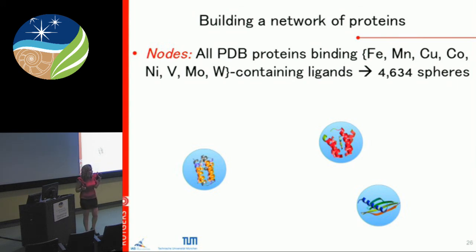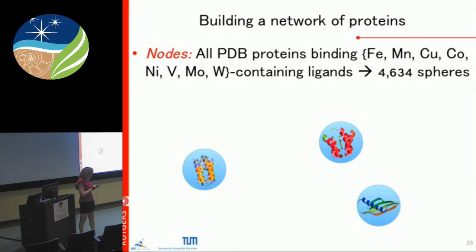I was interested in redox per se. I also excluded mercury for purely experimental bias reasons, because mercury is most often used to fill in whatever metal you want to fill in, in order to be able to determine the crystal structure of the protein. Okay?